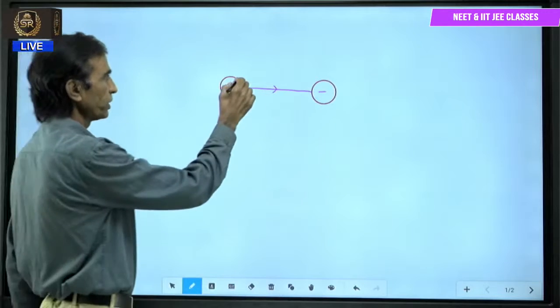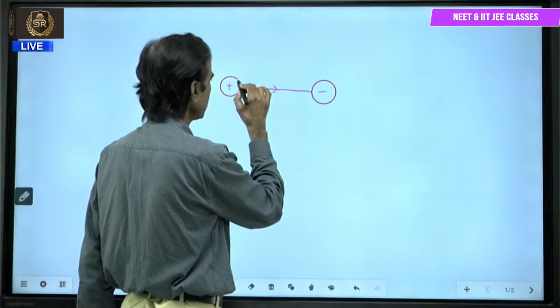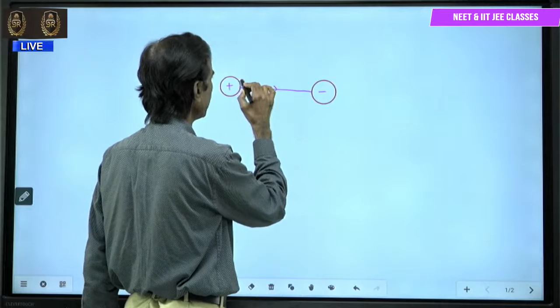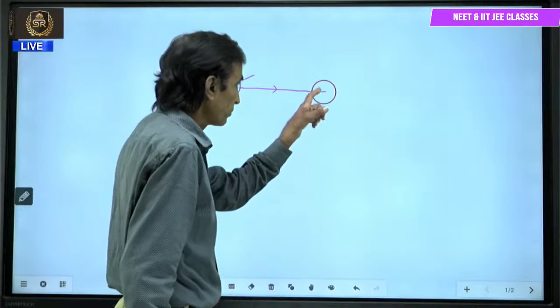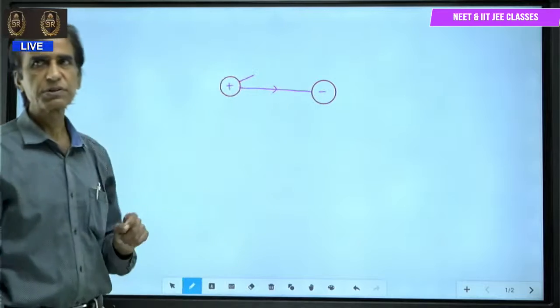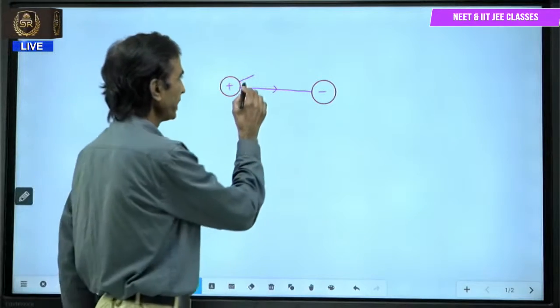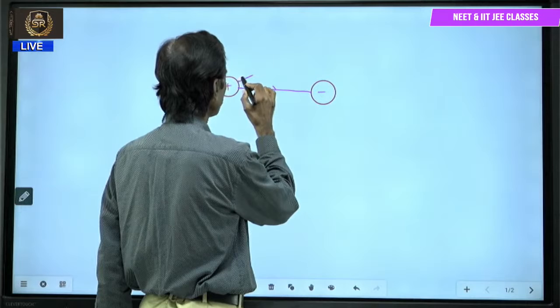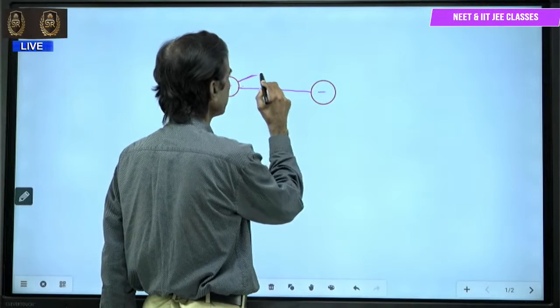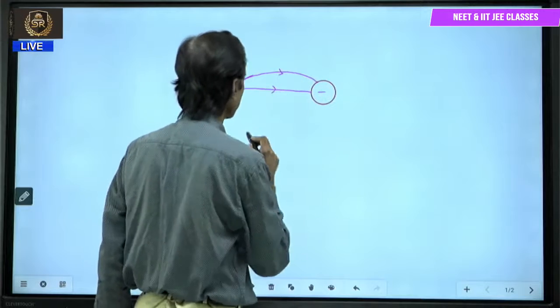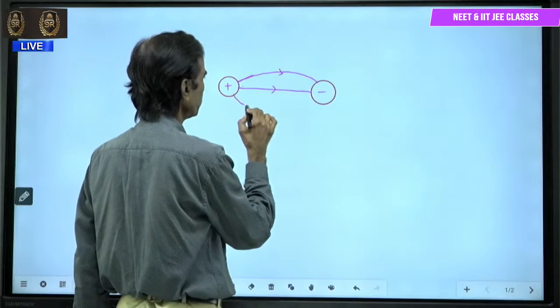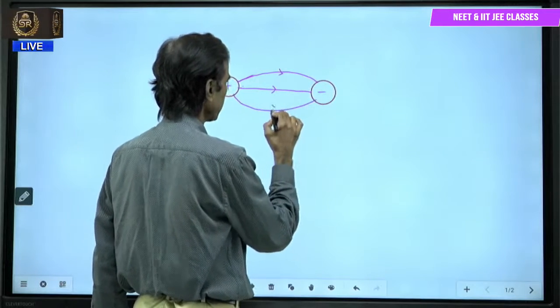But when we go to this point, first the line wants to move away perpendicular. But because of the attraction of this negative charge, the line is going to bend and move in a curved path like this. It will come like this because of this attraction. Similarly here also, it will come like this.